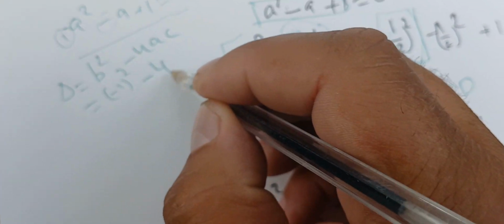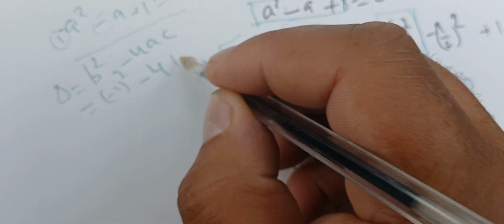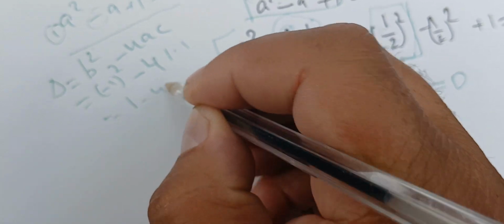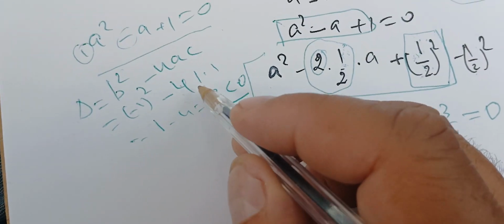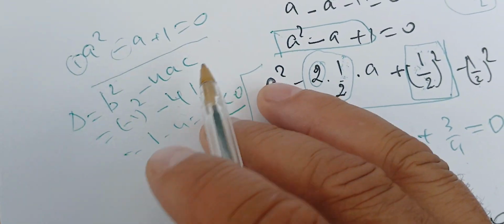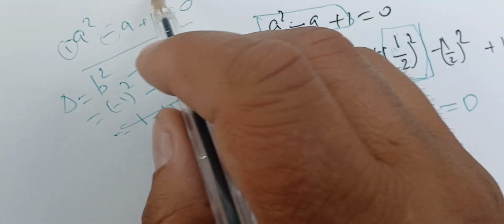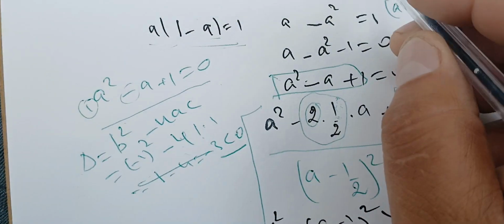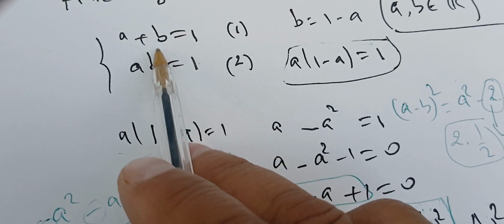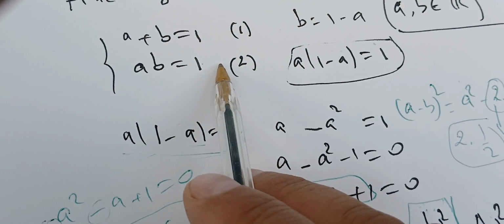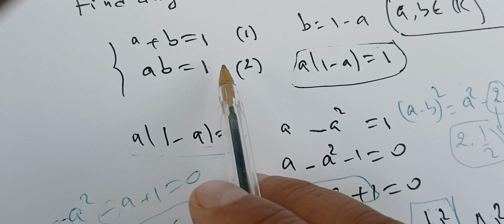The c is 1, so minus 4 times 1 times 1, which is 1 minus 4, which is minus 3, less than 0. If the discriminant is less than 0, that means you can't have real solutions. That means there is no a that solves this one. And since there is no a, there is no b, and therefore there are no a and b that will satisfy this system. Okay, thank you very much.